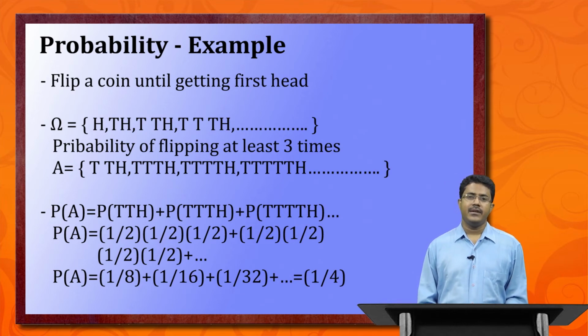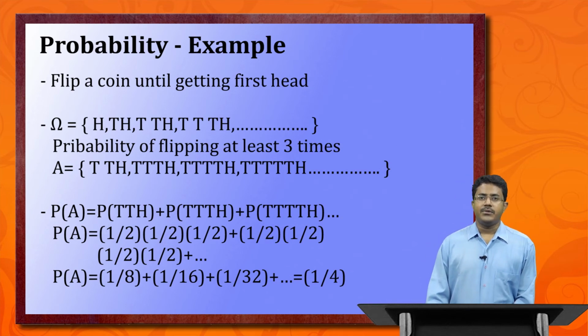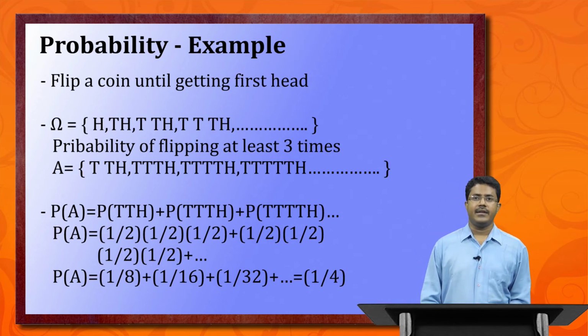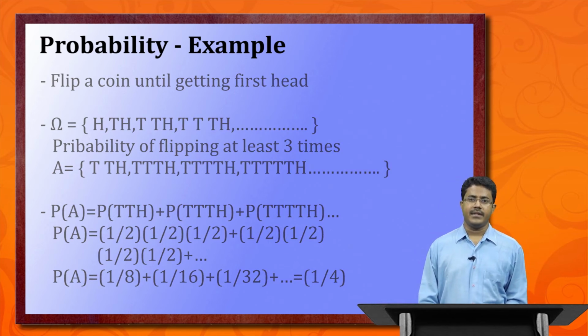It becomes a nice series: 1 by 8 plus 1 by 16 plus 1 by 32 and so on, an infinite series, because we continue until we get the first head. The sum is 1 by 4. So there is only a 25% chance of needing at least 3 flips.